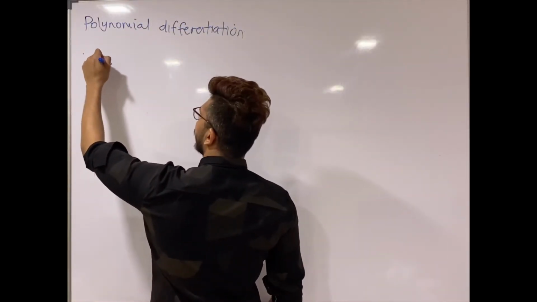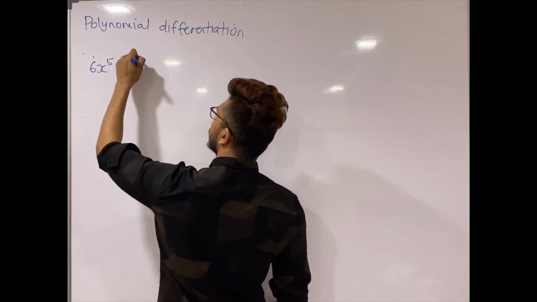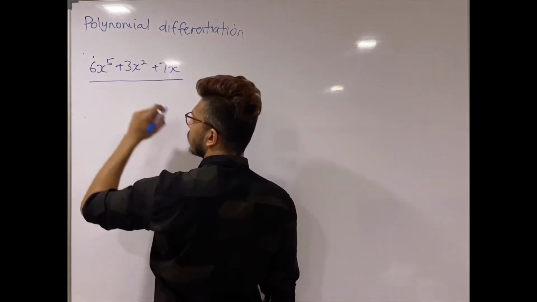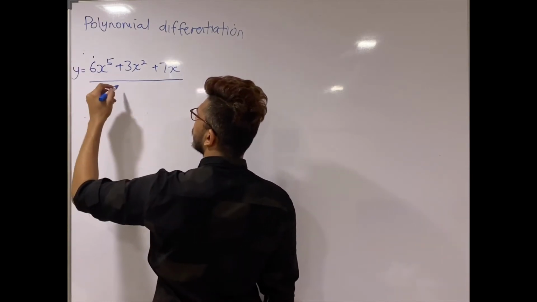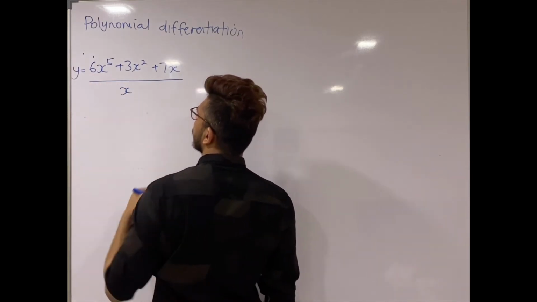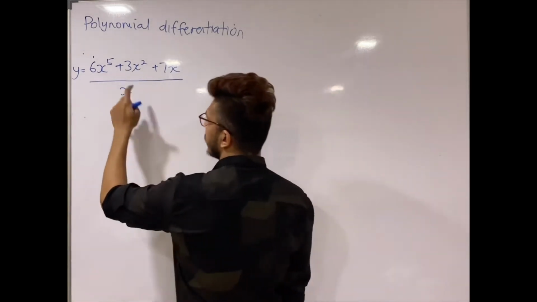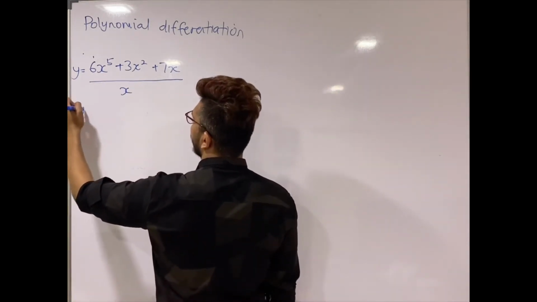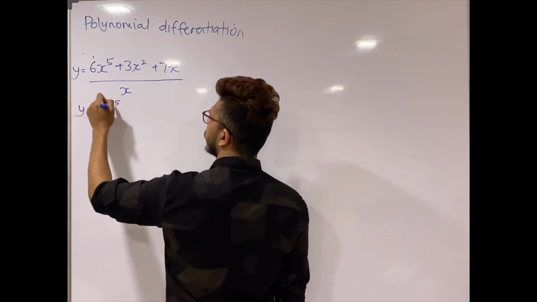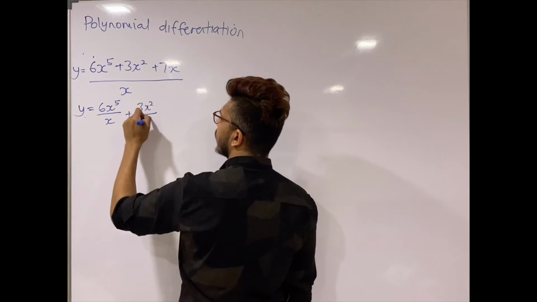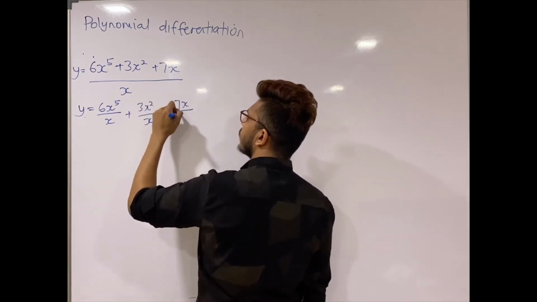6x to the power of 5 plus 3x squared plus 7x, over x. How do you solve this? Now, first step, simplify them because there's only one term in the denominator. So I can write back as 6x to the power of 5 over x plus 3x squared over x plus 7x over x.